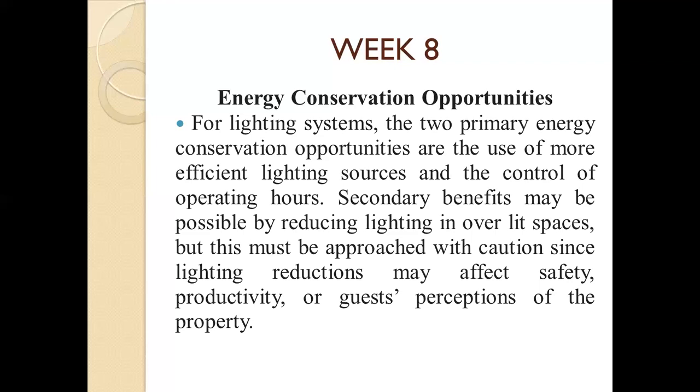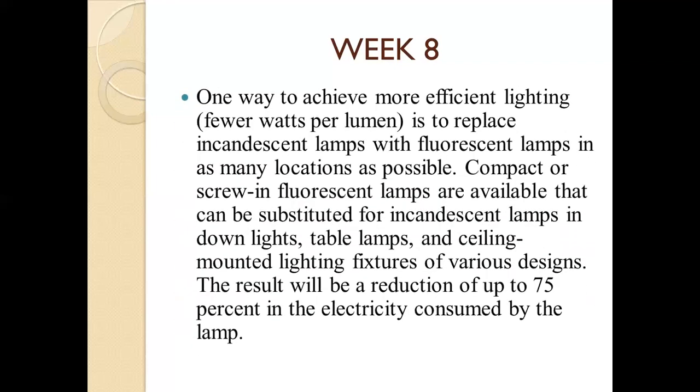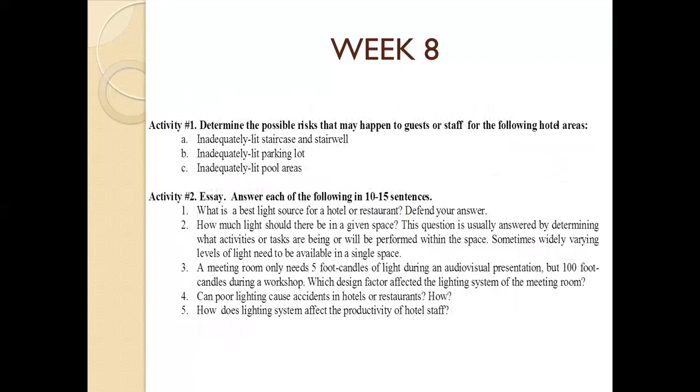So in your handouts or PDF files, we have two activities. We have activity one: determine the possible risks that may happen to guests or staff for the following hotel areas. We have here an inadequately lit staircase and stairwell, an inadequately lit parking lot, and inadequately lit pool areas.